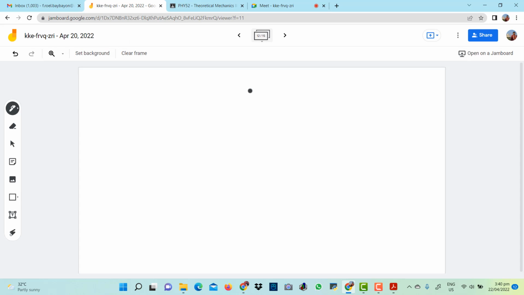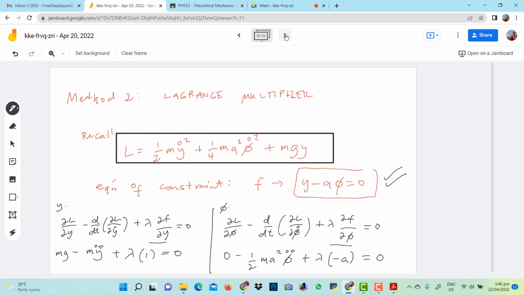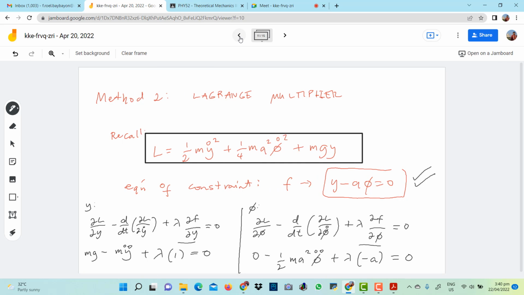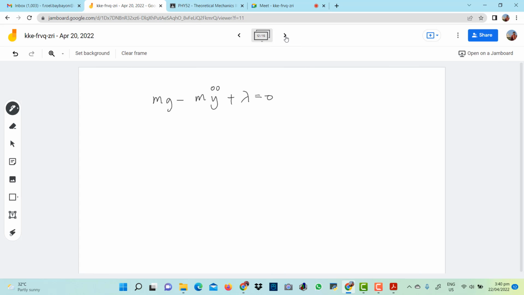Okay, so I have two equations. I have mg minus m y double dot plus lambda equal to 0, and then the other one is minus 1 half m a square phi double dot minus lambda times a equal to 0.